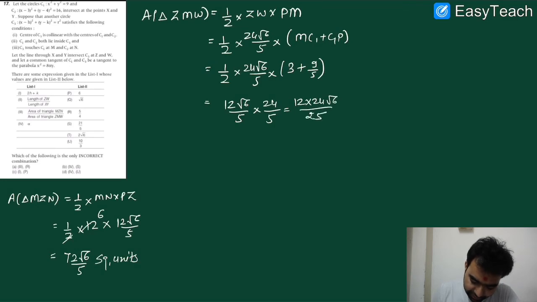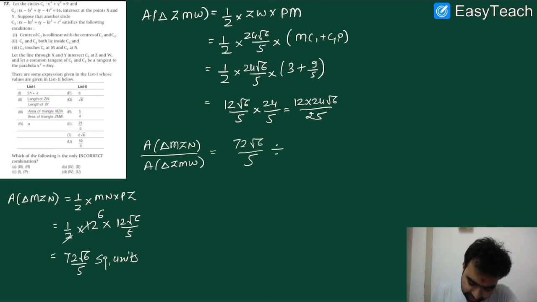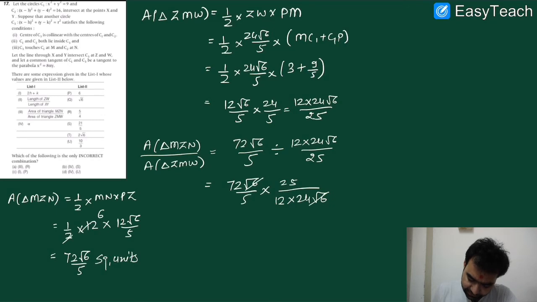Now we have to take the ratio. Area of triangle MZN upon area of triangle ZMW. So here 72 root 6 by 5 divided by 12 into 24 root 6 by 25. So this is 72 root 6 by 5 into 25 upon 12 into 24 root 6. Root 6 cancels. Then 24 3s are 72, 5 5s are 25.